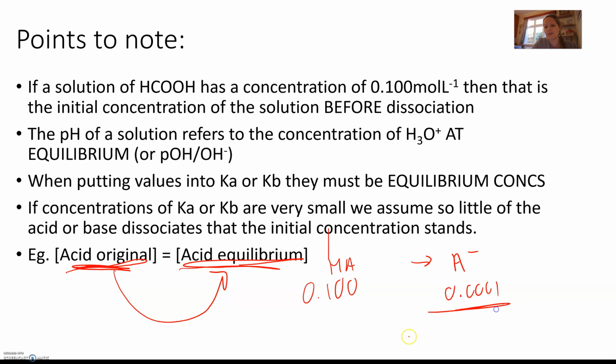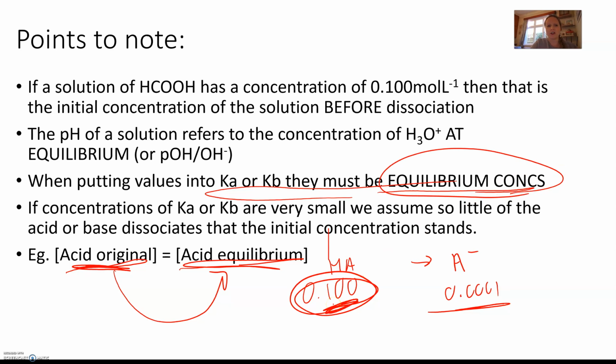I've made up this figure, but if it's 0.001, that's going to make very little difference if we subtracted it off our HA to get our equilibrium concentration. So we're just going to say that the concentration of our weak acid will be the concentration at equilibrium. And remember, when we do any calculations involving equilibrium, it has to be equilibrium concentrations that we use.